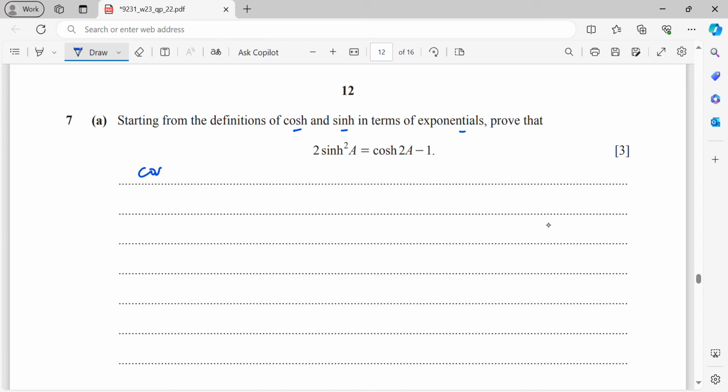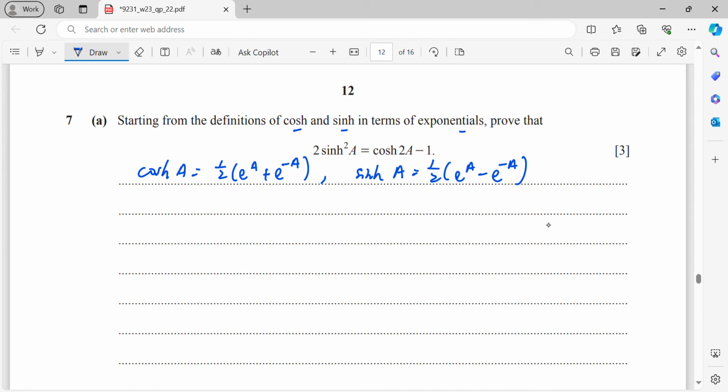So we know that cos A, because here is A, will be half e^A plus e^(-A). Sine A is half e^A minus e^(-A).